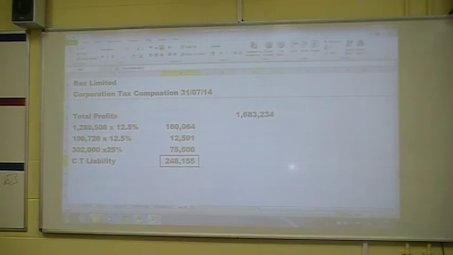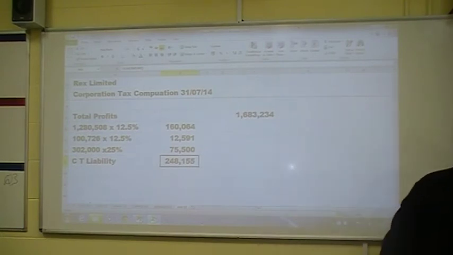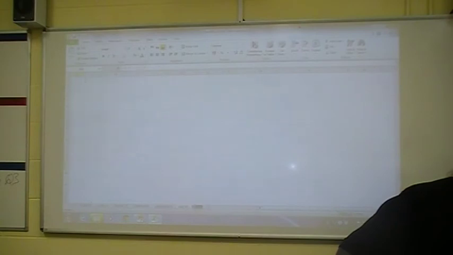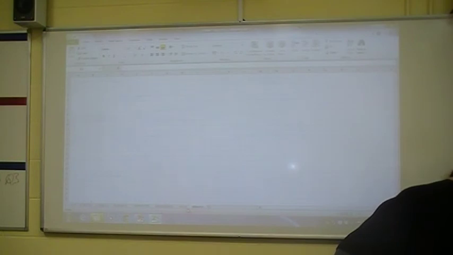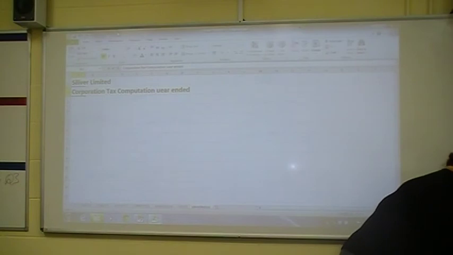It's very easy to do out that one. Okay, so Silver Limited, it's a trade charge. We've got their corporation tax computation for December 14.